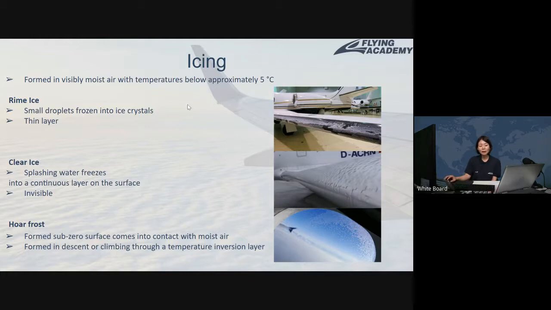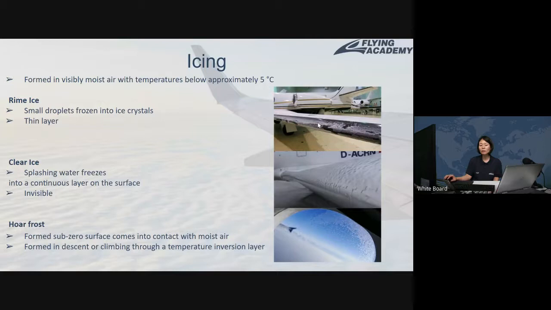Rime ice happens when the aircraft is flying through air which already has ice inside. So the ice crystals, ice pellets are already held inside the cloud because it is already at freezing level. When the aircraft is moving, they just come and stick to it.